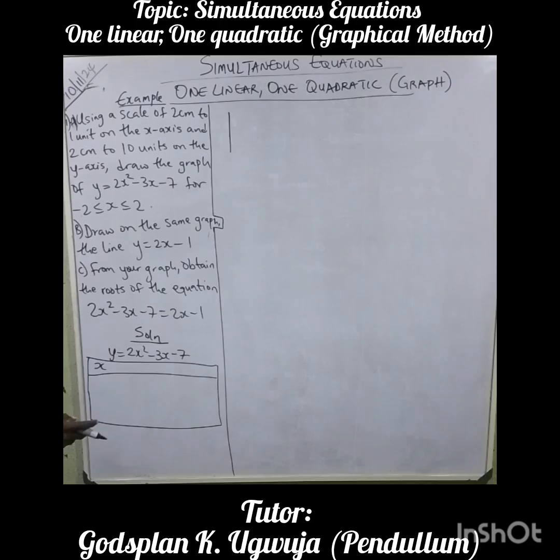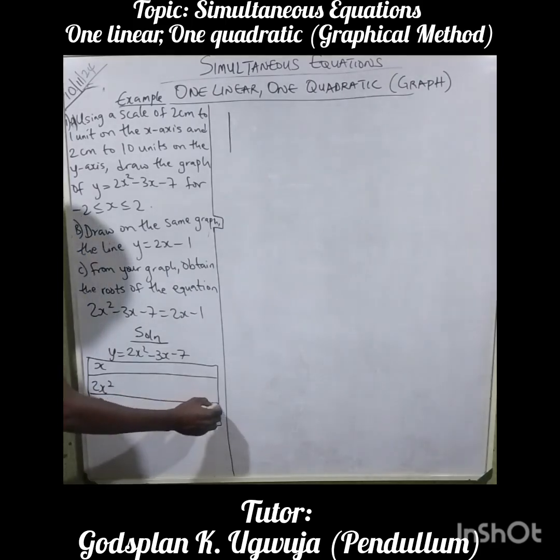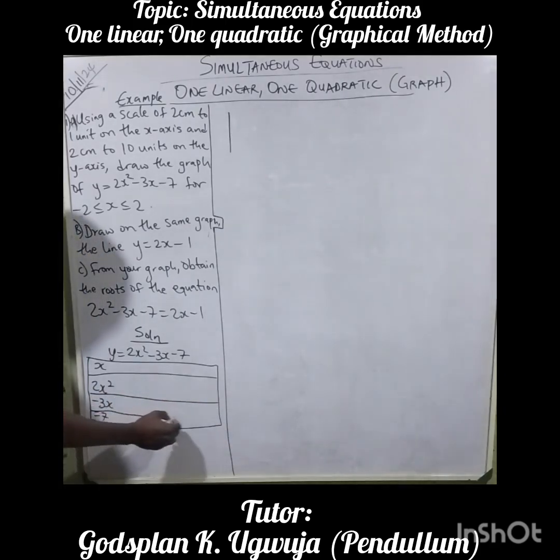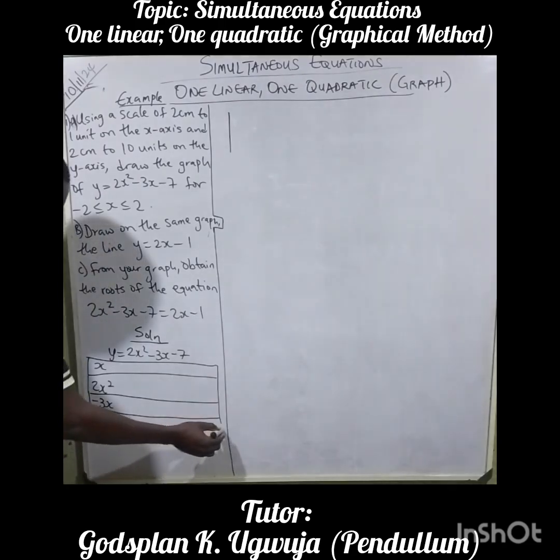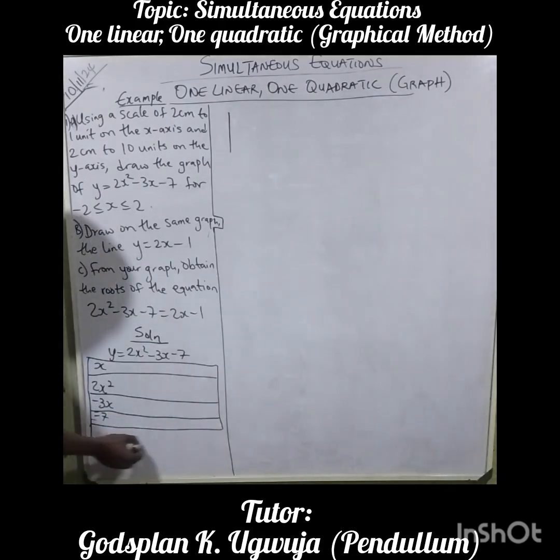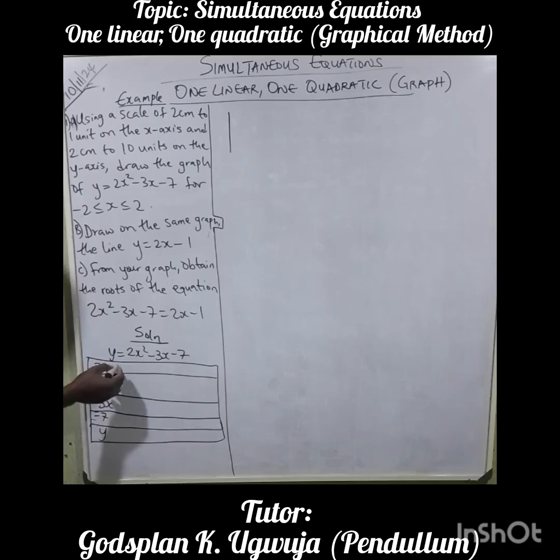If you've watched our video on solving quadratic equations using graphs, then this will not be strange to you. So this is x, this will be 2x squared, this will be minus 3x, minus 7, and then we'll have the last one, which will be y. So we have x and y at the extremes.